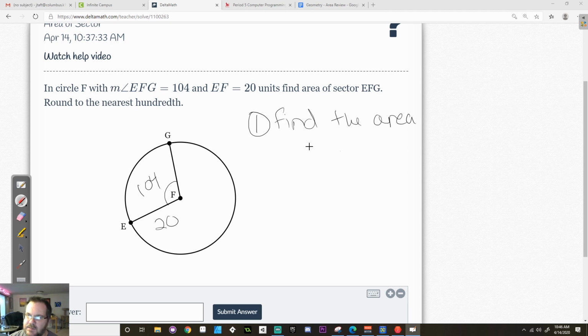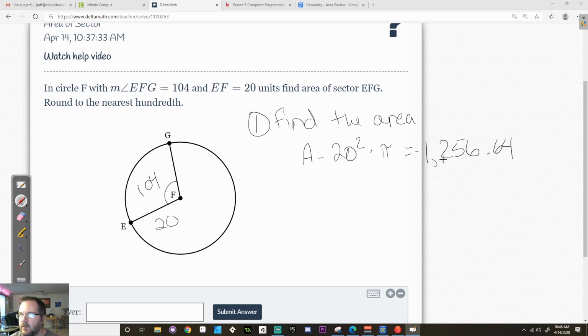The area in this case is going to be 20 squared times pi, which is going to be 400 times pi, which is what? 1,256.64.